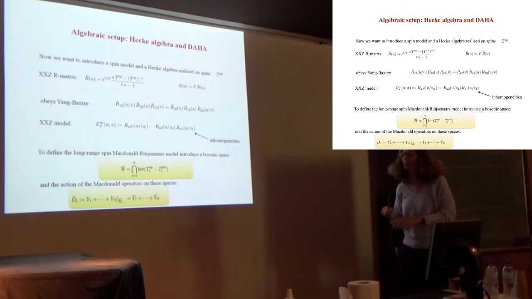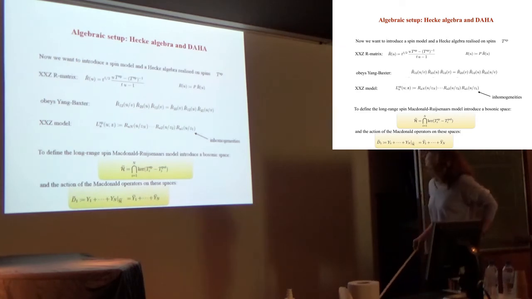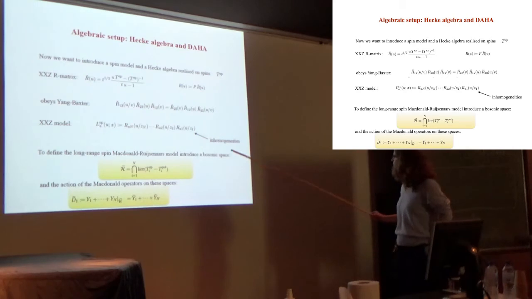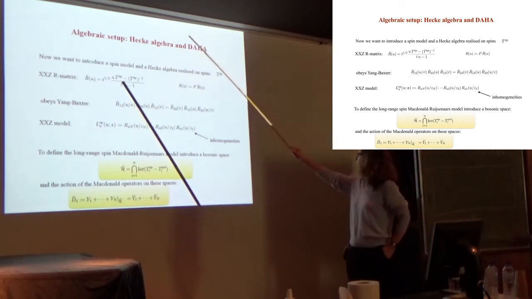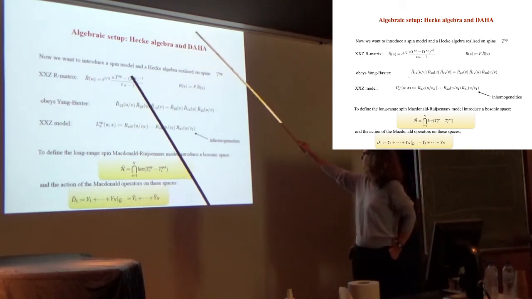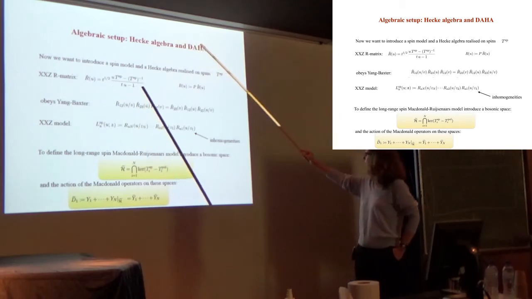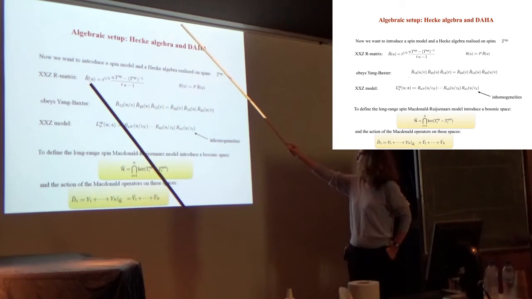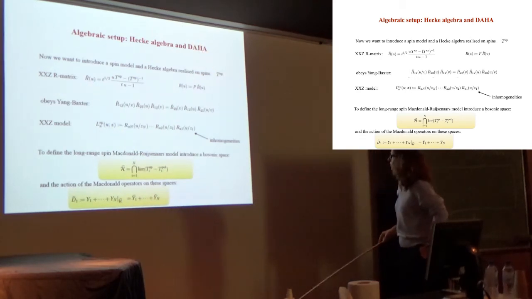Now, how the spin enters in the game. There is a realization of the Hecke algebra also on spins. So essentially, you can take this as a definition of T spin with the R-check matrix that I have shown in the beginning.